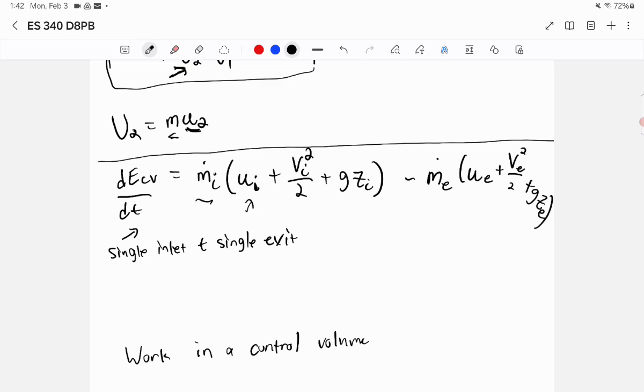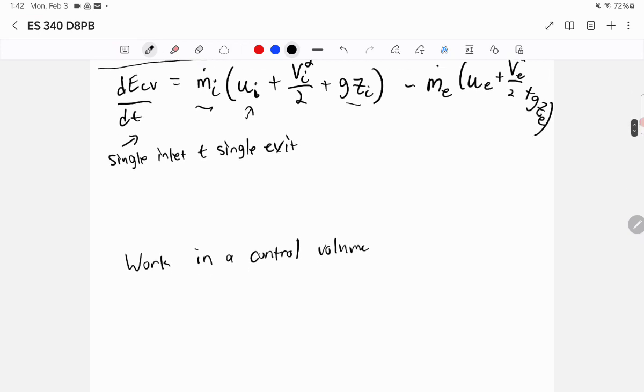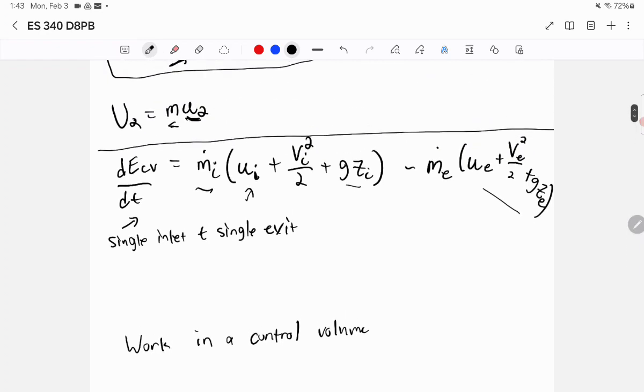We have a flow of, say, air or something like that, and potentially a change in height, as we'll see in some problems, and similarly we have something that's happening at the exit.